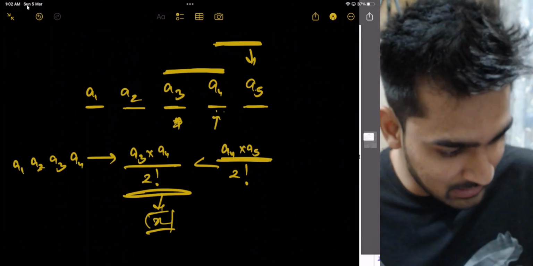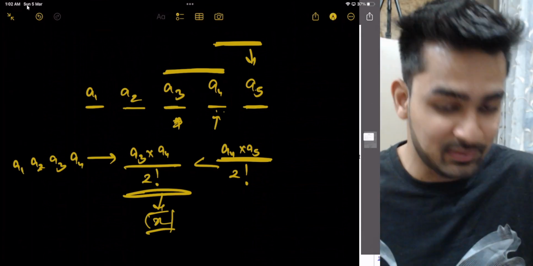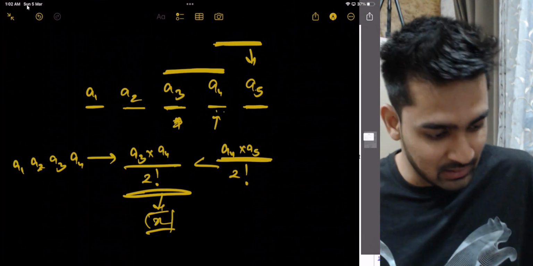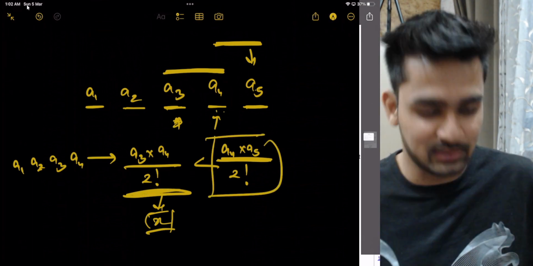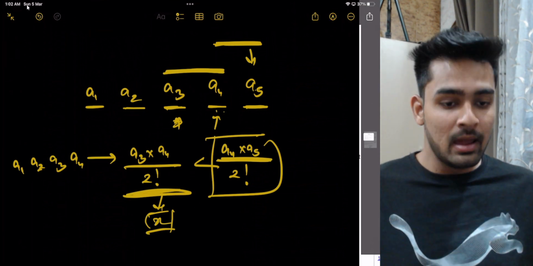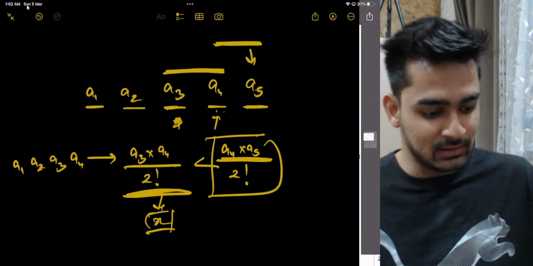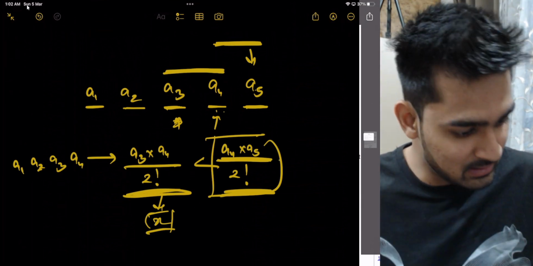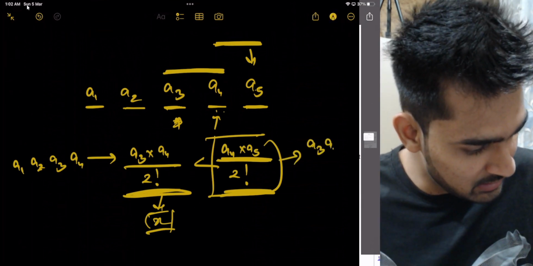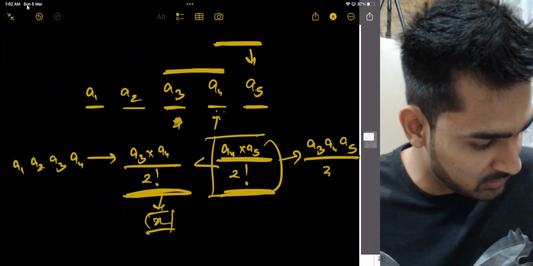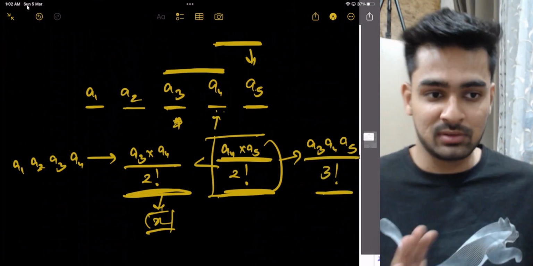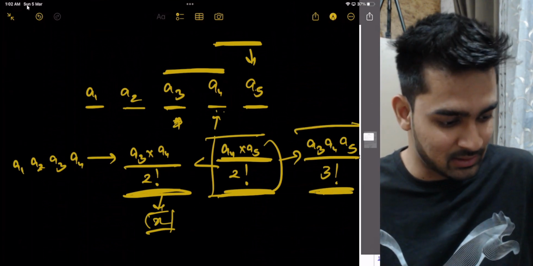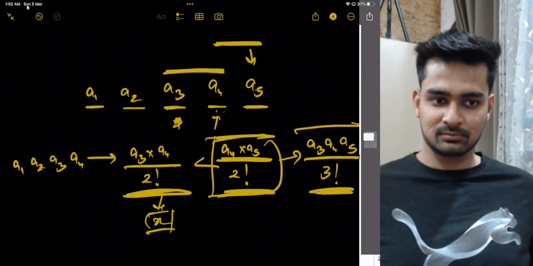Remove a3, take a5, because we know that a5 is greater than a3. Since a5 is greater than a3, this value will be greater than this one. Now check if a3 can be a part also. After doing this, just check if a3, a4, a5 by 3 factorial is greater than this one or not. If this is true, then take this, otherwise this will be the answer.